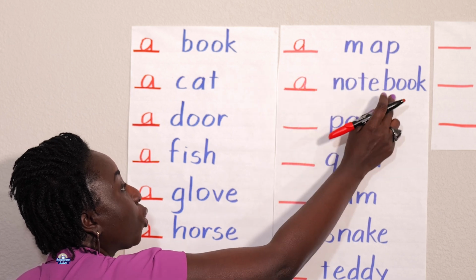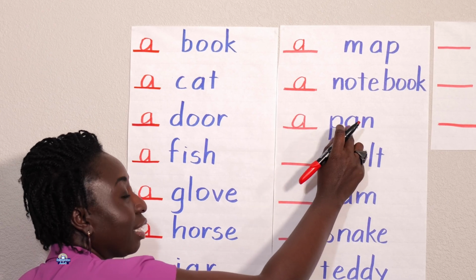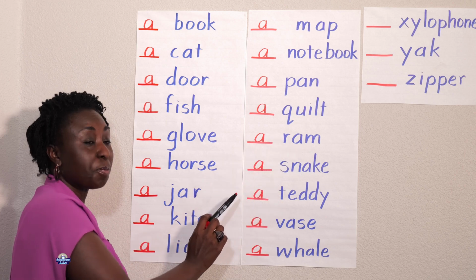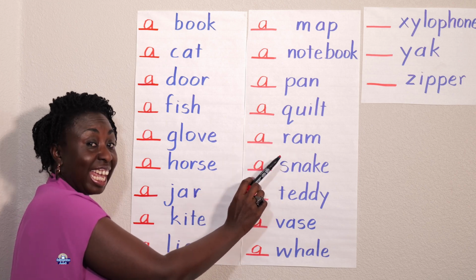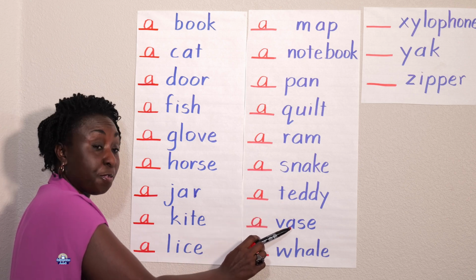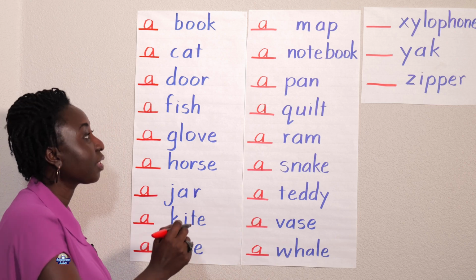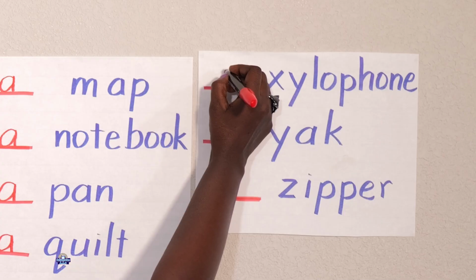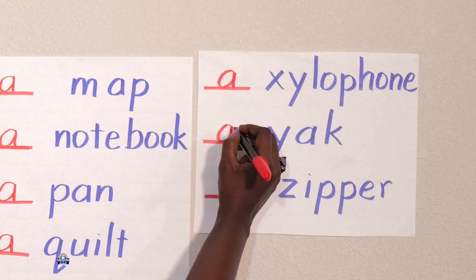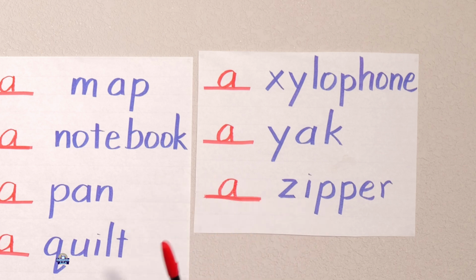A notebook. A pan. A quilt. A ram. A snake. A teddy. A vase. A whale. A xylophone. A yak. A zipper.